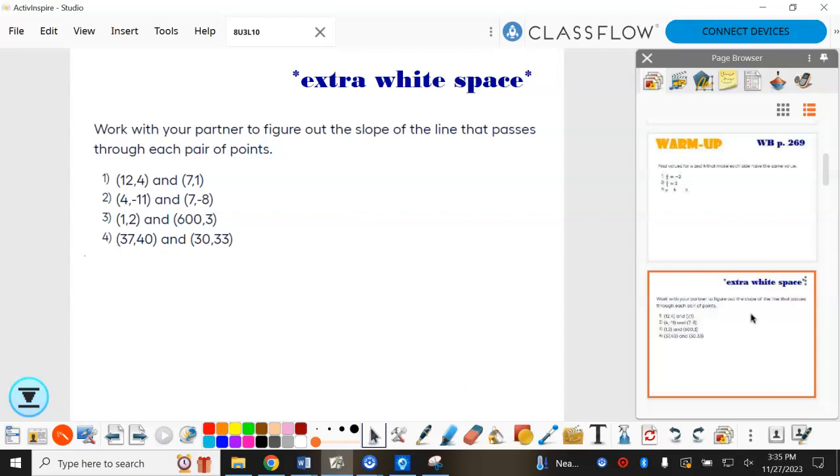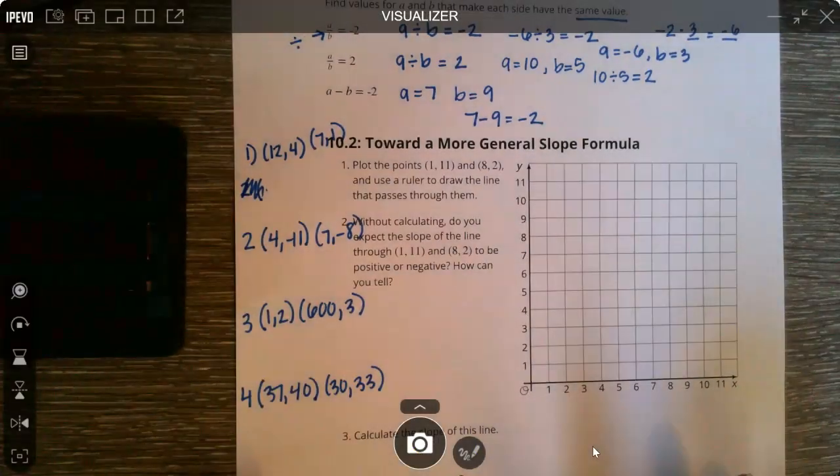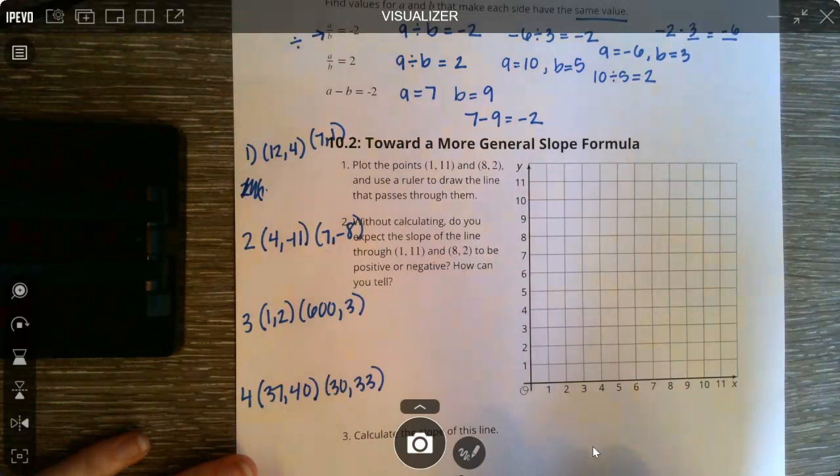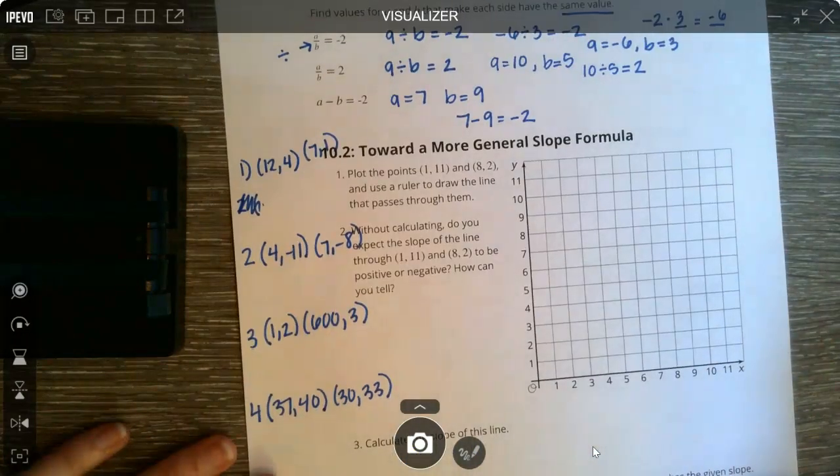You should be writing these down too. 1, 2, 603, 4, 37 and 40. Now we've got 30 and 33. All right. So I just had to do this on some white space. Like I said, I just put them on the side. If you've got room up here, you can do it up here. Okay, wherever you got some space in your workbook.